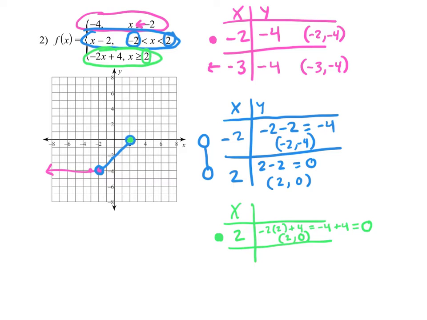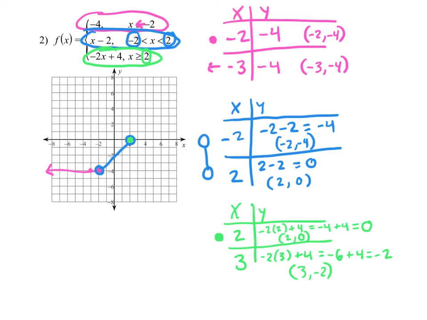Now what else can we plug in here? Three. Any number greater than 2. So let's plug in 3. So negative 2 times 3 plus 4. What's negative 2 times 3? Negative 6. And what's negative 6 plus 4? Negative 2. So then what's our point? 3, negative 2.